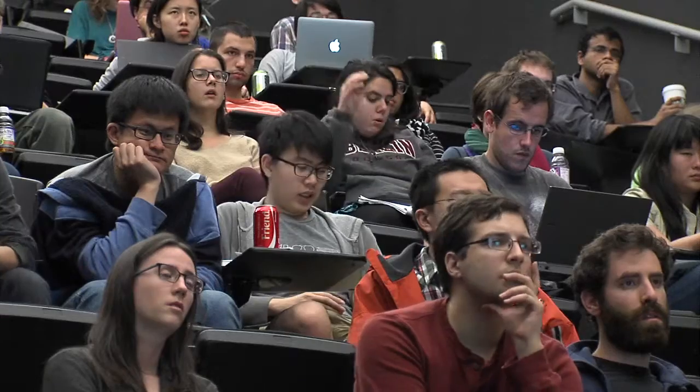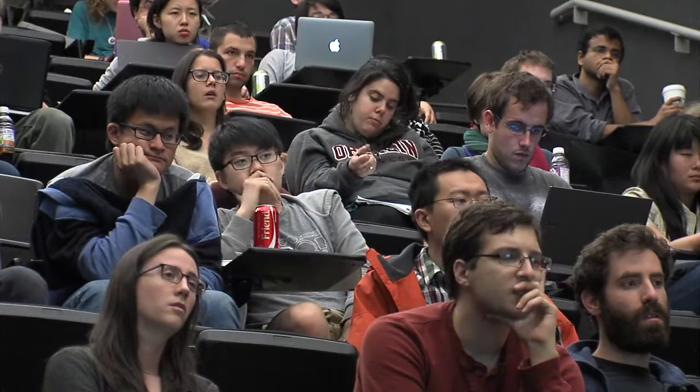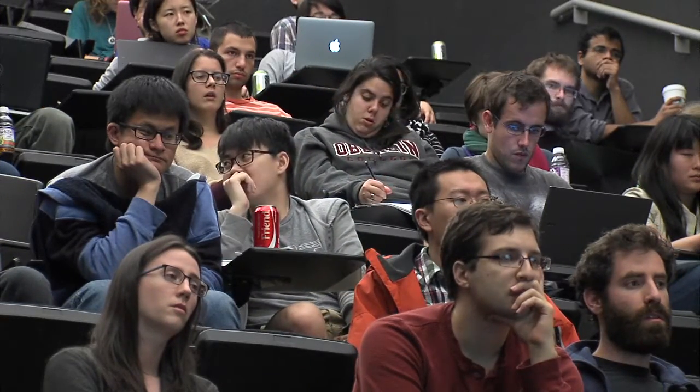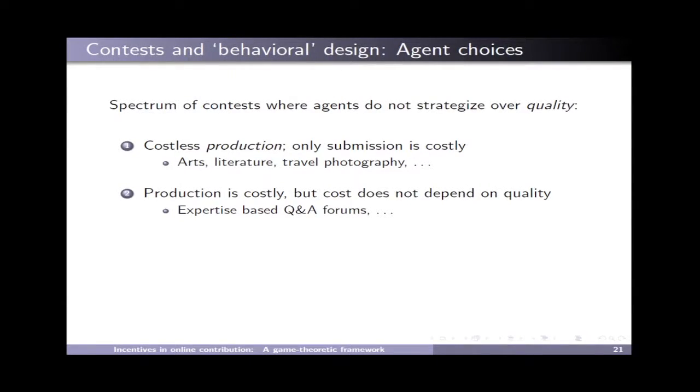Another category is where you actually do need to put in effort to produce an entry for the contest. But the cost that you put in has nothing to do with the quality of the entry that you produce. So for example, if you think about expertise-based question answer forums, like legal forums or health forums, the cost that I incur to produce an answer is the cost of logging in and writing down my answer.